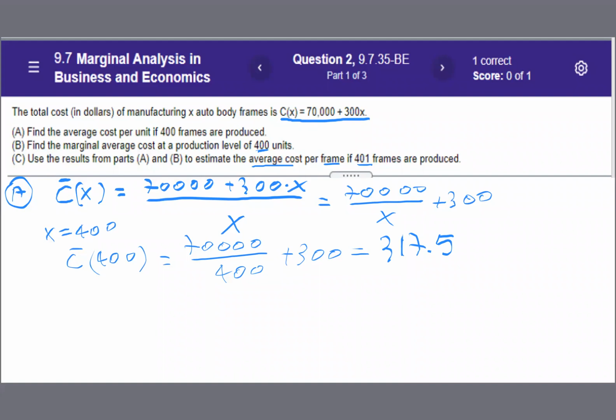Let me try this one more time so I don't make a mistake again. 70,000 divided by 400. Yep, I had it wrong. 475. Had a feeling it was wrong.